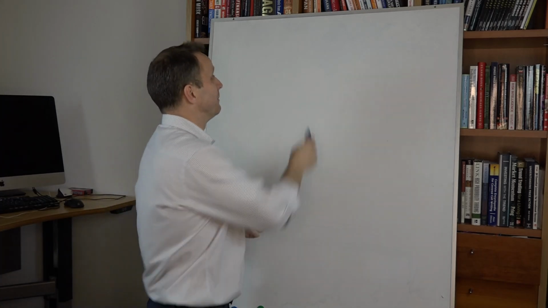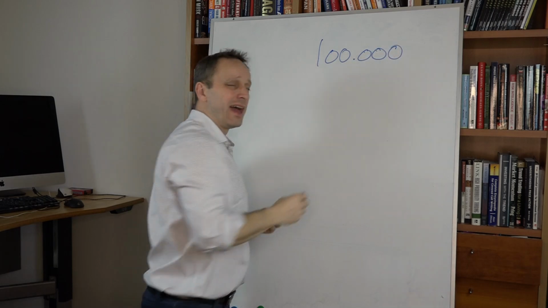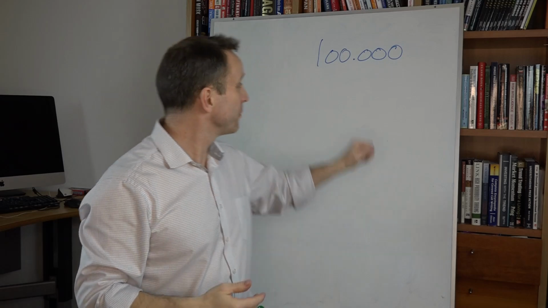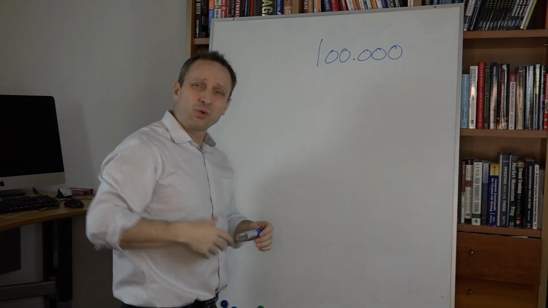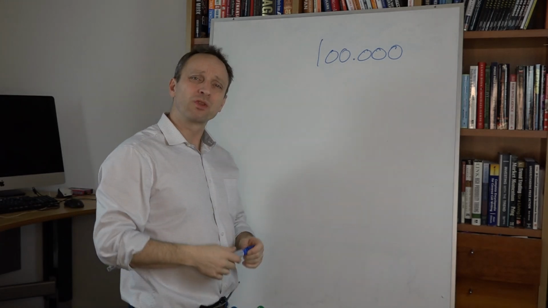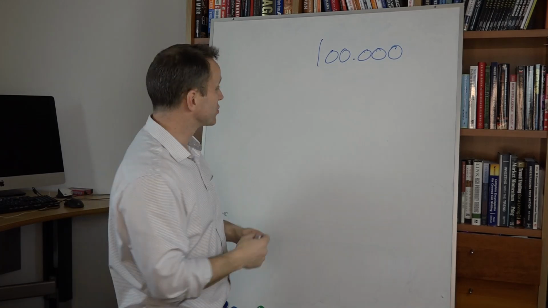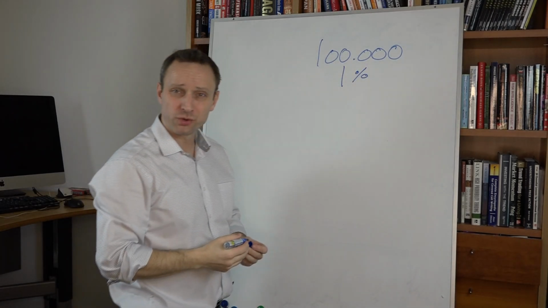Now let's say that you have $100,000 in your account, and we want to make sure that we don't blow our account, that we don't lose our $100,000, then we might be quite conservative and say every time I put on a trade or an investment in stocks, I will only risk 1% of my equity.